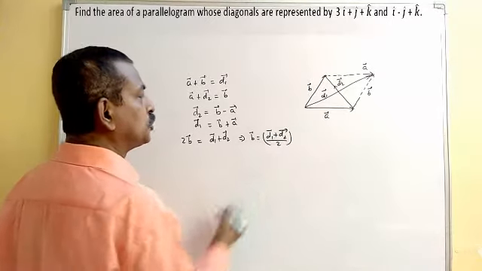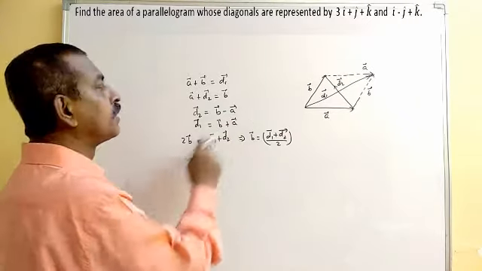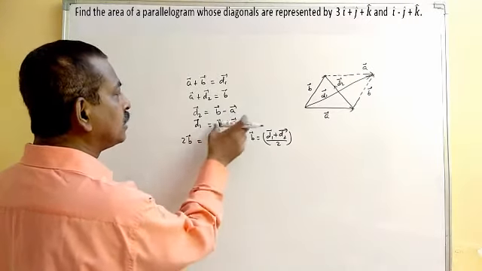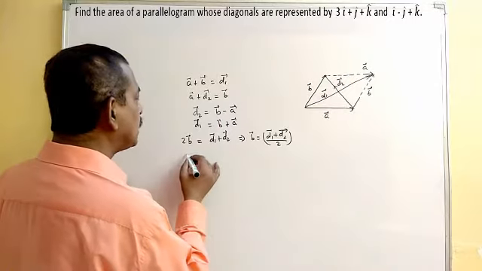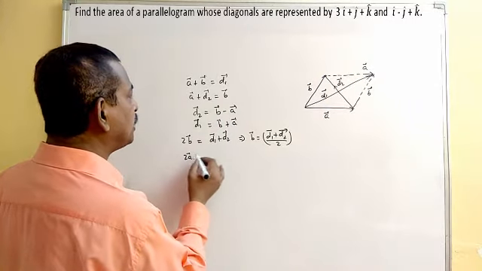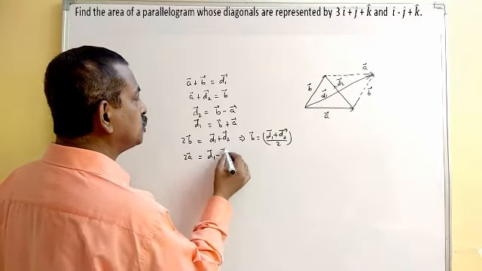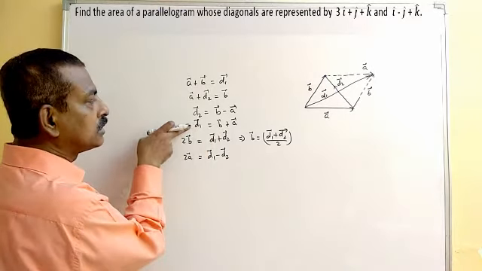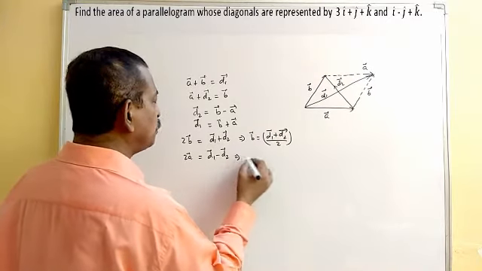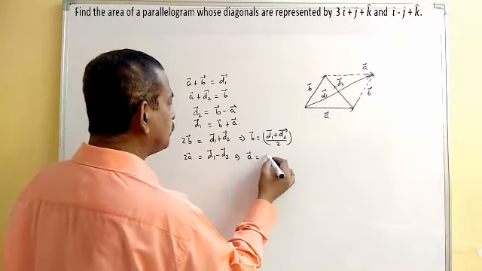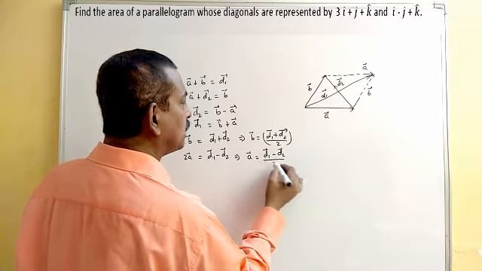divided by 2. If you take the difference, suppose I take the second one and subtract it from the first one, how much will you get? 2a vector, which will be your d1 minus d2. So if you just subtract, this will give you vector a as d1 vector minus d2 vector divided by 2.